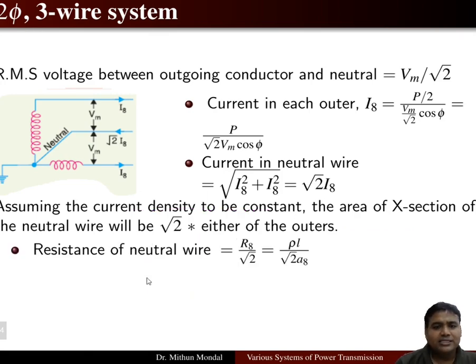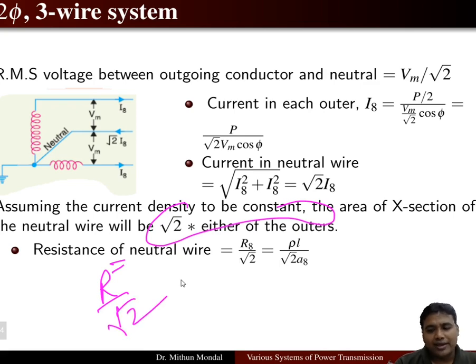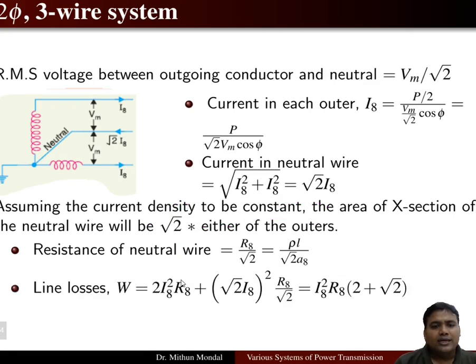Then the resistance of the neutral wire would be, because we have seen that the resistance is R, and here we have taken root 2 times either of the outer, so it will be R by root 2 for the neutral wire. Then what is the line losses that we are getting? Line losses we will calculate for the outer wires 1 and 2 separately, and the neutral wire 3 separately.